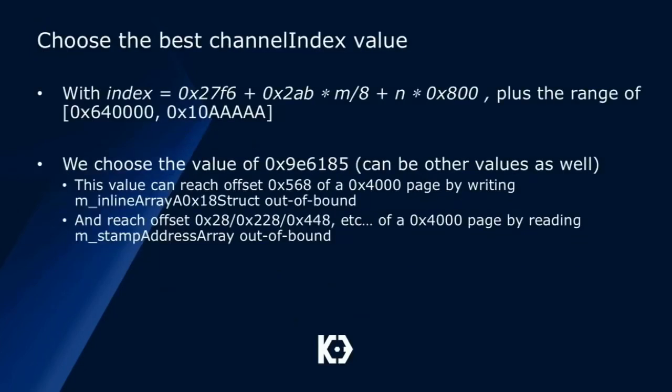Here, you don't need to understand all the details of the congruence theory, but you only need to remember the conclusion: when the index equals this and is within this range, we are able to overwrite an arbitrary offset in a page. And at last, we choose the value 0x9E6185, which means it can reach offset 0x568 of the 0x4000 page by writing the mInlineArray out of bound.